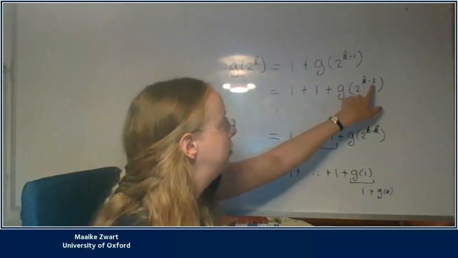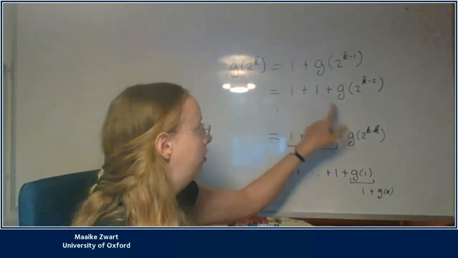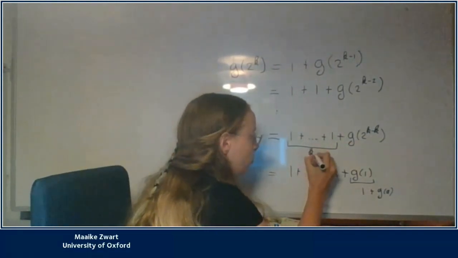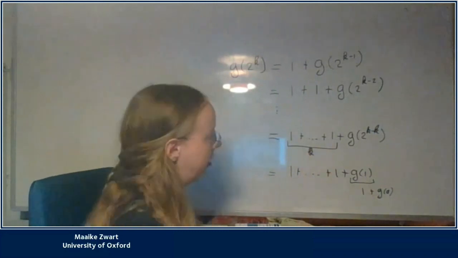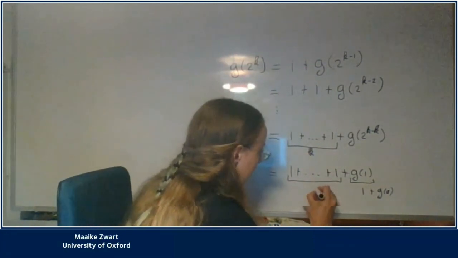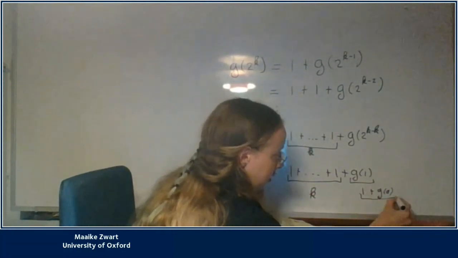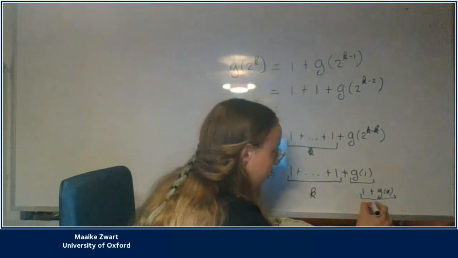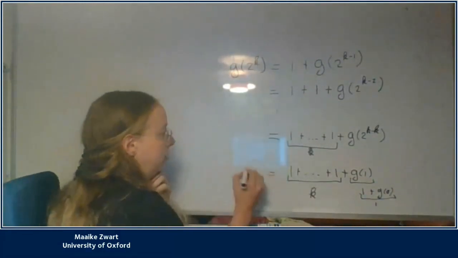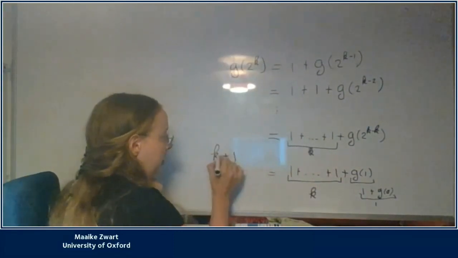And then for k minus 2, I have 2 1s at the front. So then for k minus k, I will have k 1s here. So this all sums to k, and then this last bit is 1. So the final answer will be k plus 1.